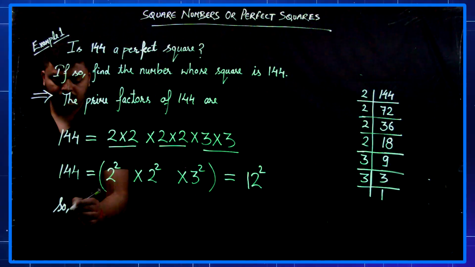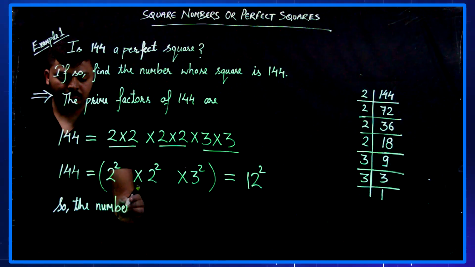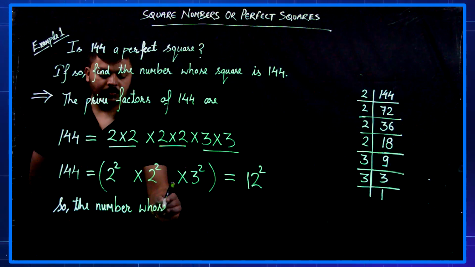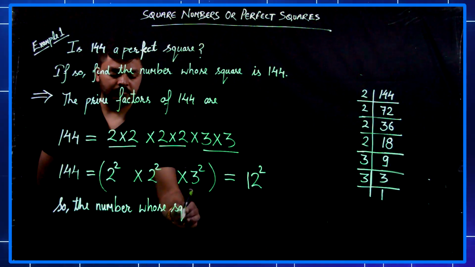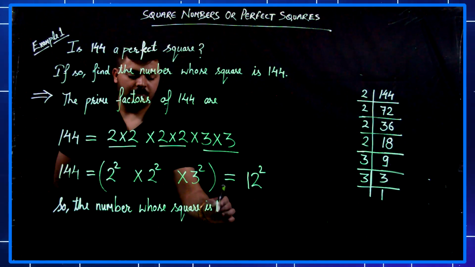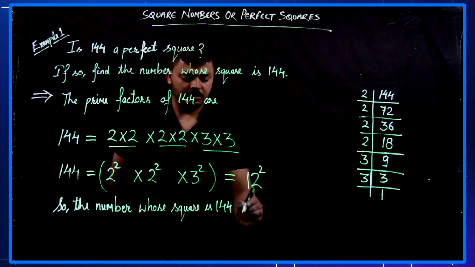So the number whose square is 144 is 12.